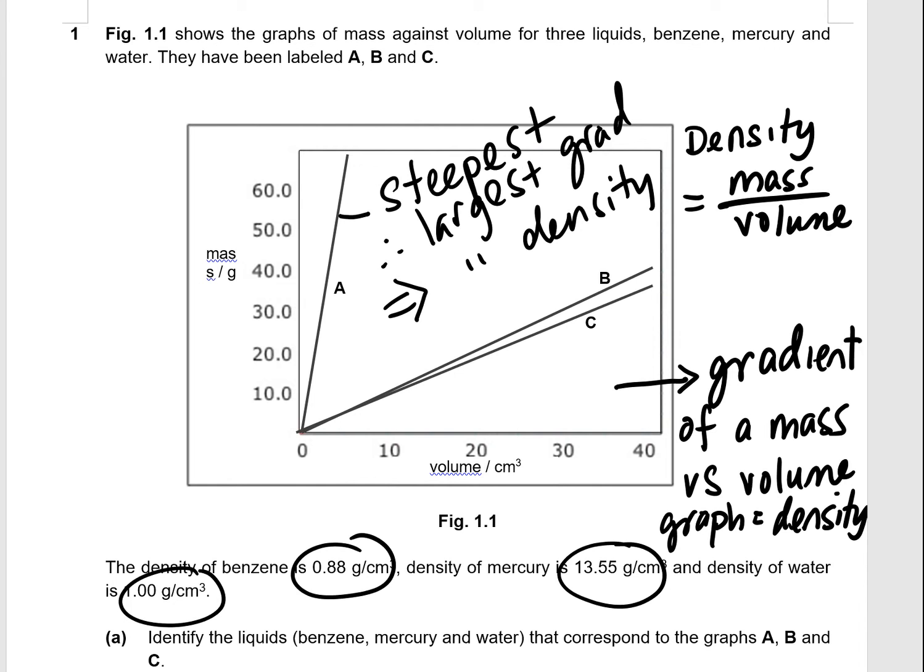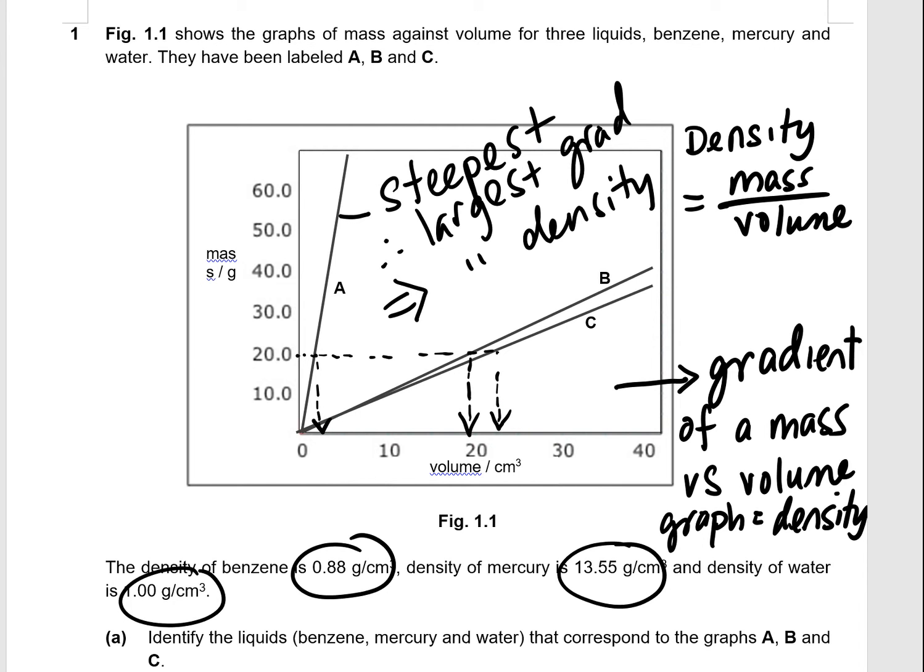But even if you don't know that the gradient gives you the density, another way to look at it is you could, let's say, look at any mass, okay, let's say 20. If you look at 20, you will notice that for the same mass, A actually has the smallest volume.